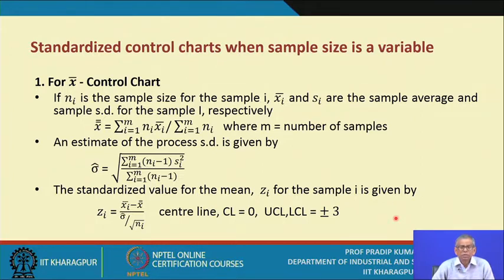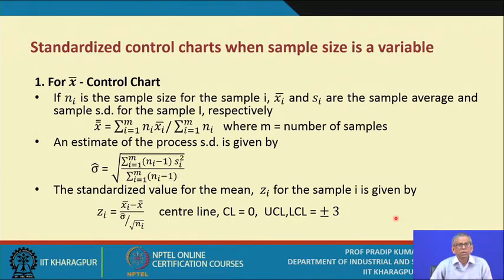Now, when the sample size is a variable, obviously the control charts which are designed for constant sample size may not be applicable. So some special procedures you must bring in to consider the case of variable sample size.